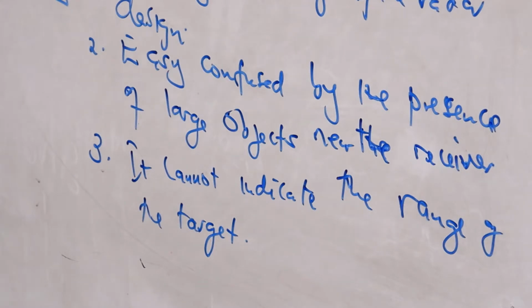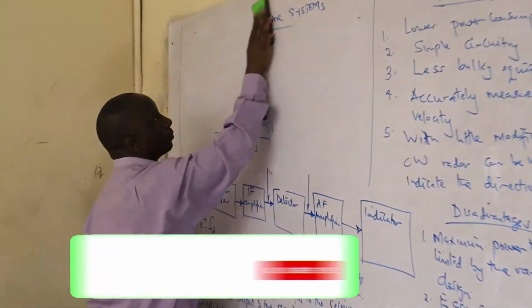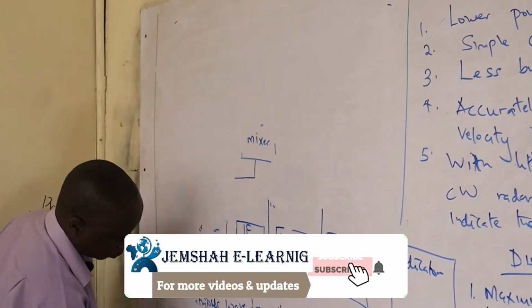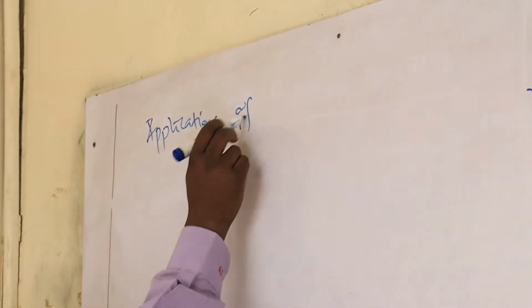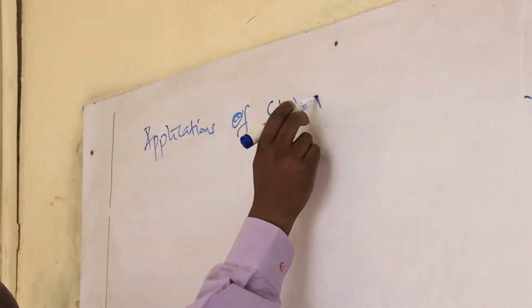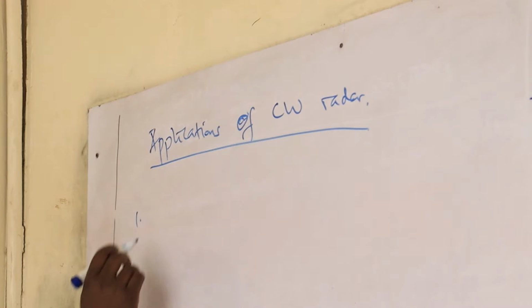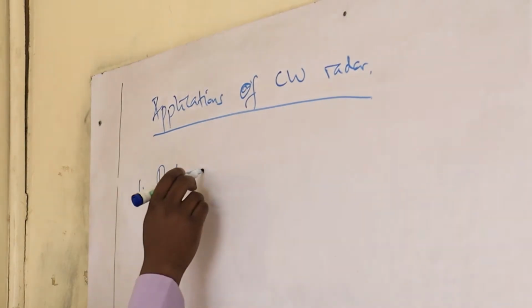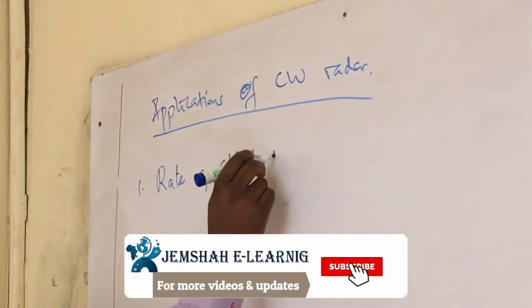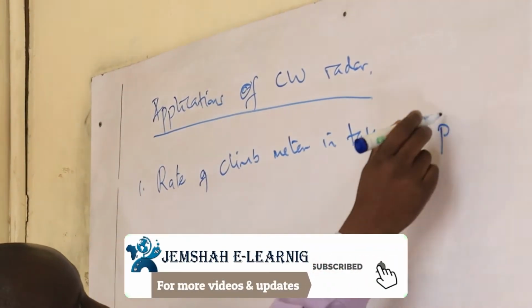So we are also going to look at the applications. Applications of CW radar. Number 1 is rate of climb meter in take-off planes.